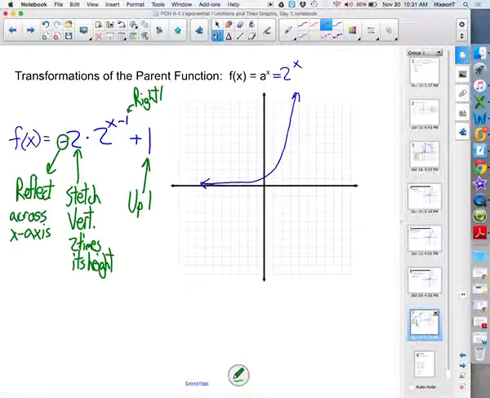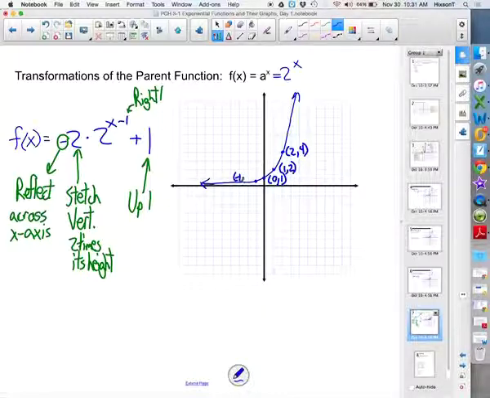Okay? So some of the points on the original function here were, of course, 0, 1. We had the point 1, 2, and we have the point here at 2, 4. Okay? So first of all, I'm going to stretch it vertically to double its height. So, well, actually, by the way, let's get this one too. Negative 1, and what would that be?